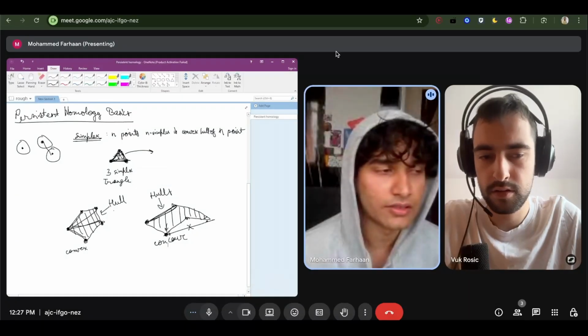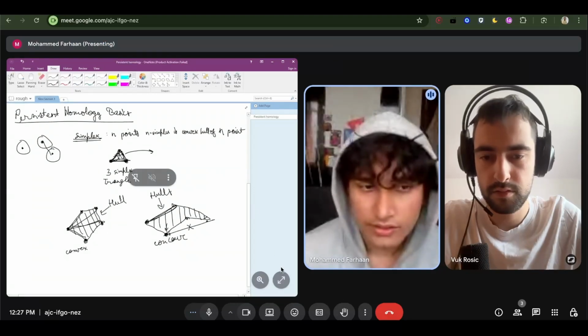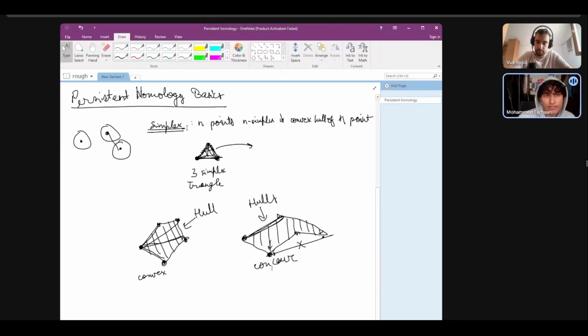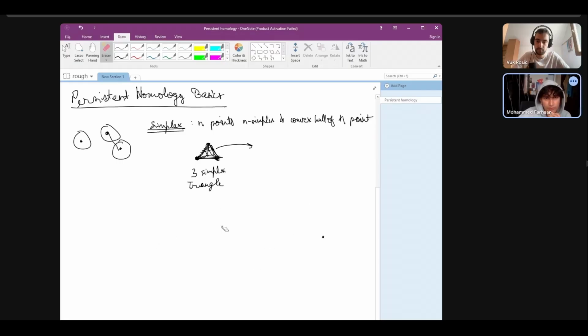Now, how is it defined? If we go back to our example, a three simplex is a triangle because if I draw all points between them, any path between these points lies within the triangle.